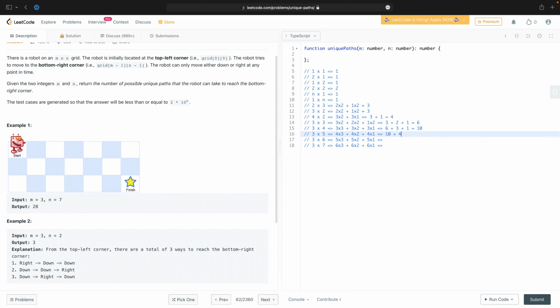That should be a 4 plus a 1. 10 is 15. 3 by 5 is a 15 plus a 5 by 2.